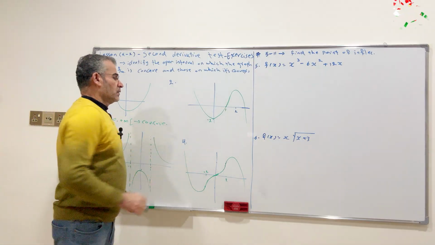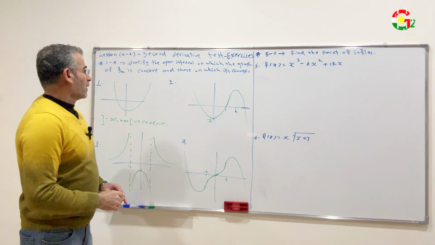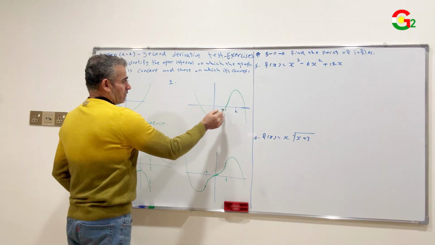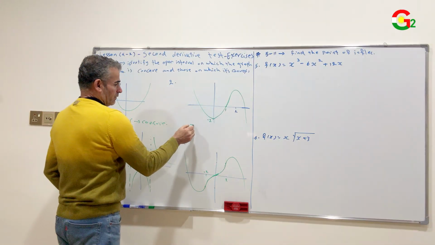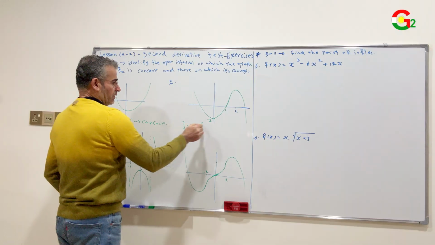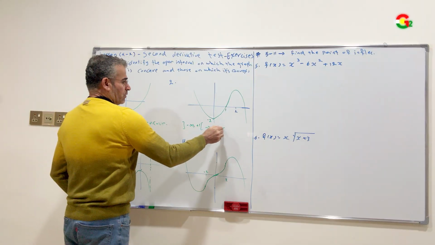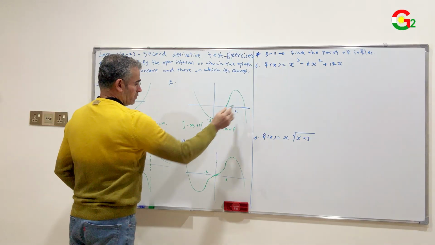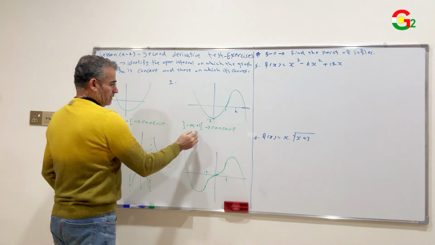The second graph, or question number 2, the function is concave from negative infinity to positive 1, open interval. The function is concave, and it is convex from 1 to positive infinity.